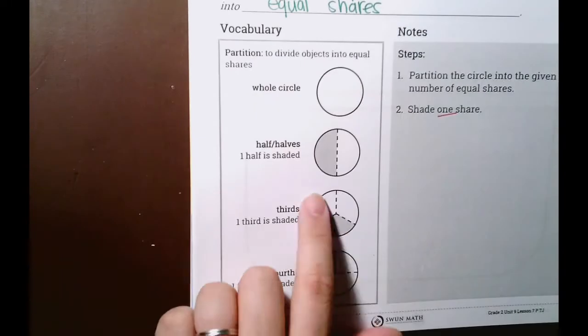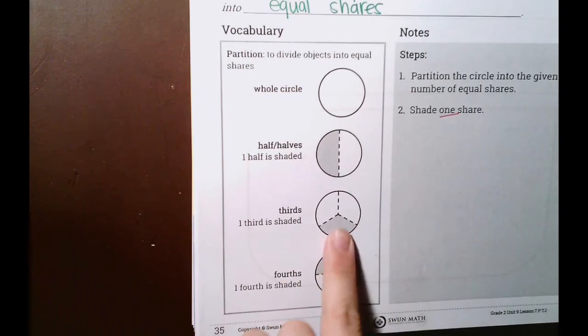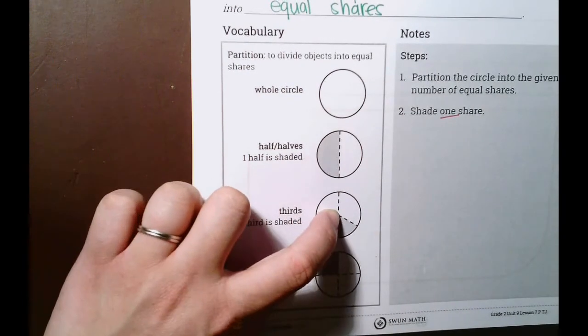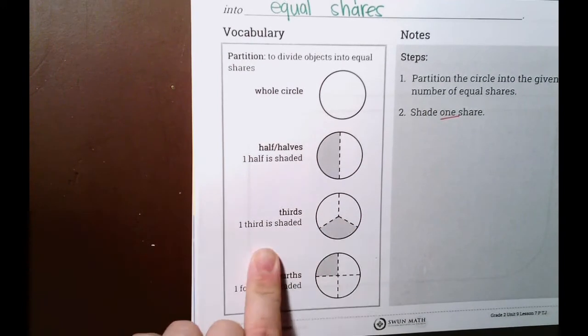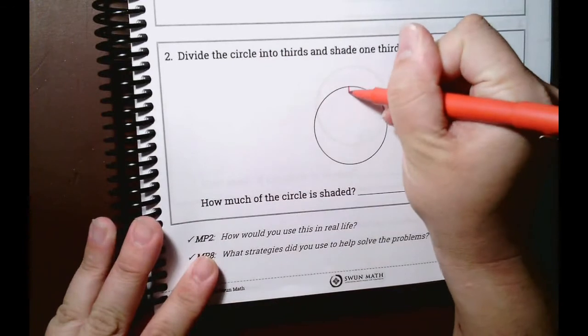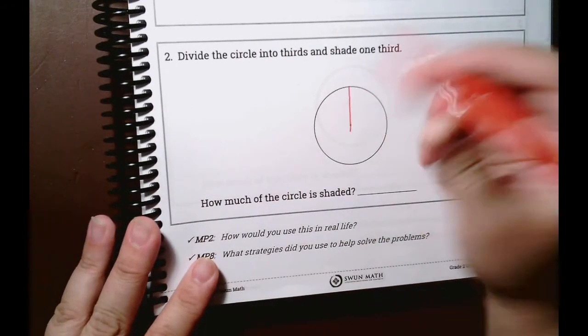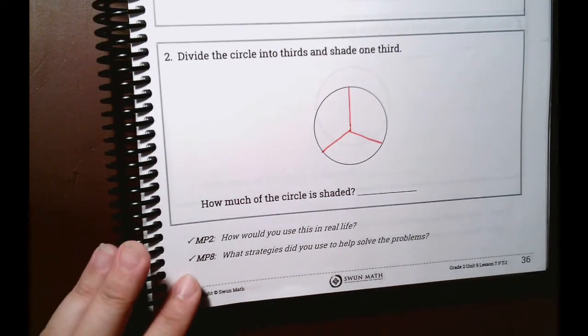Over here it says 1, 2, 3, and I'm going to cut it up exactly like this, as if I'm cutting up a pizza. I'm going to draw a line down the middle, and once I get a little bit past halfway, I'm going to go out to the left and out to the right.